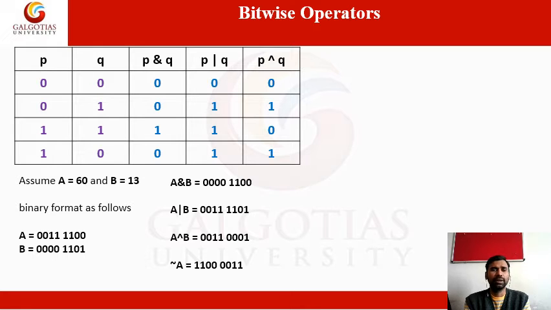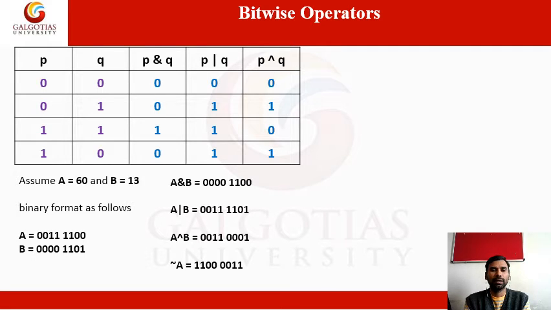So look at this. For the first case, 0 0: AND, OR and XOR are all 0. Here 0 means false and 1 means true. The second case is 0 1.